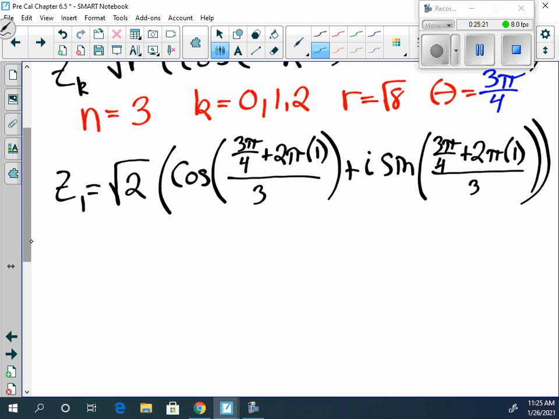Now, you might be very tempted to say, well, this is going to just repeat because of the 2 pi. No, we're dividing 2 pi by 3.